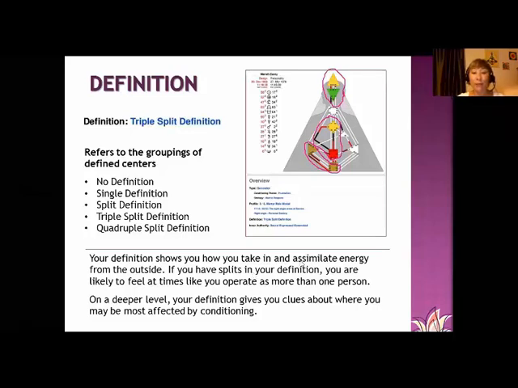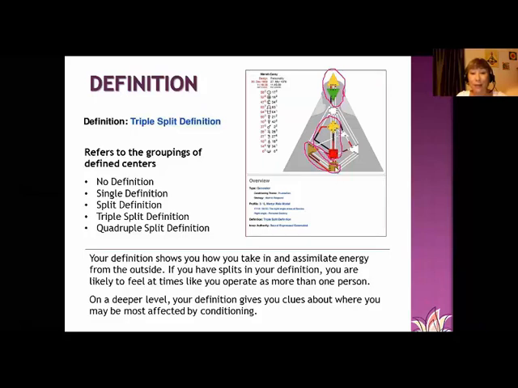And if you have splits in your definition, you're likely to feel at times like you operate as more than one person. So Mariah Carey probably feels at times that she is very mentally inspired and operates from a very strong mind and a strong way of thinking. At other times, she's probably tapped into her work energy and how that calls out her fixed direction in life.